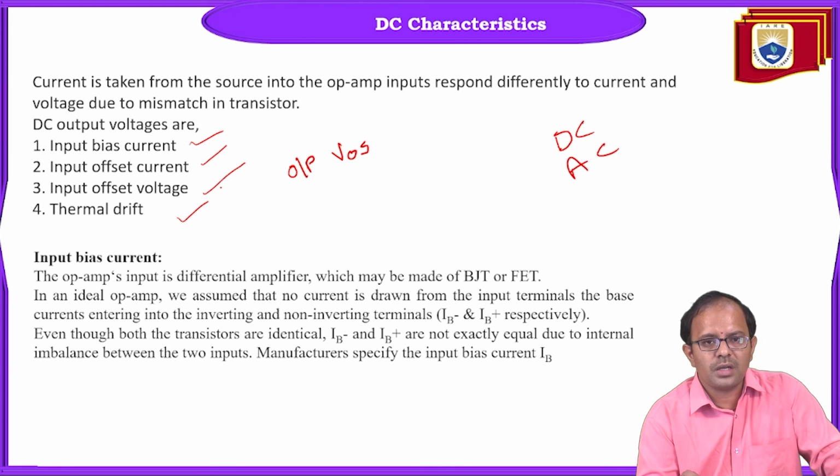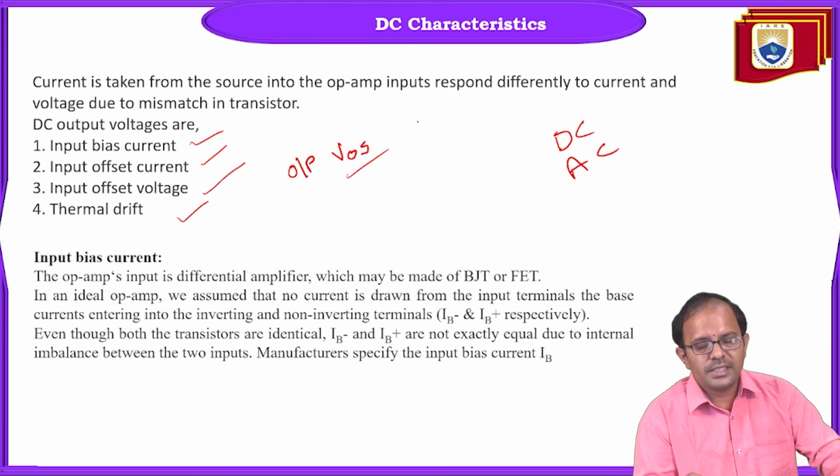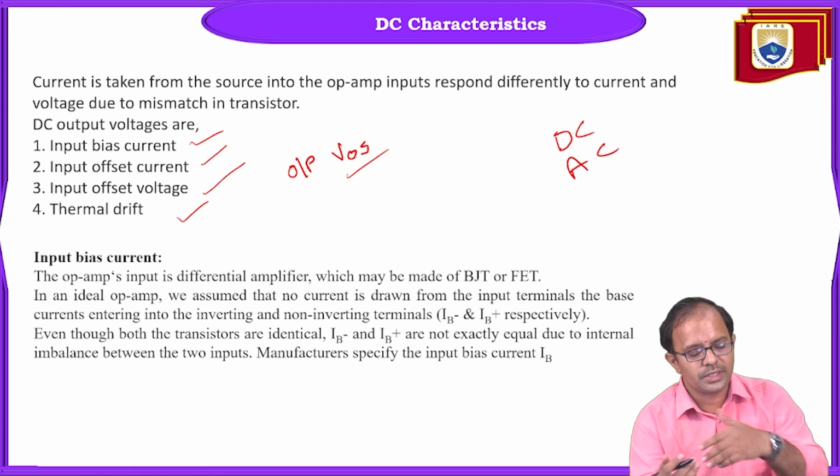These are the four important characteristics under the category of DC characteristics of an operational amplifier: input bias current, also called input base bias current; second, input offset current; input offset voltage; output offset voltage; and thermal drift. We are going to see them one by one.